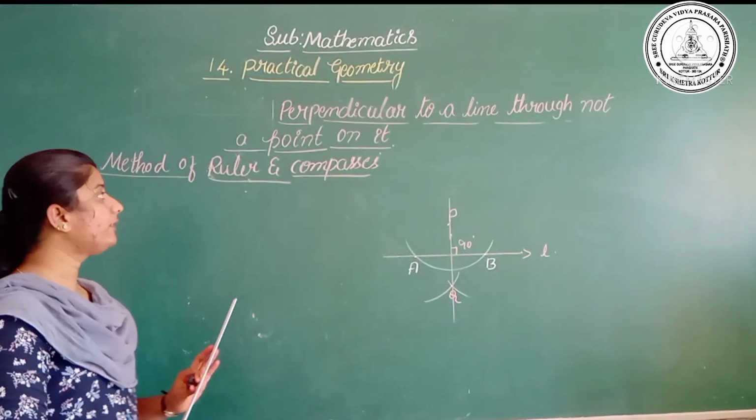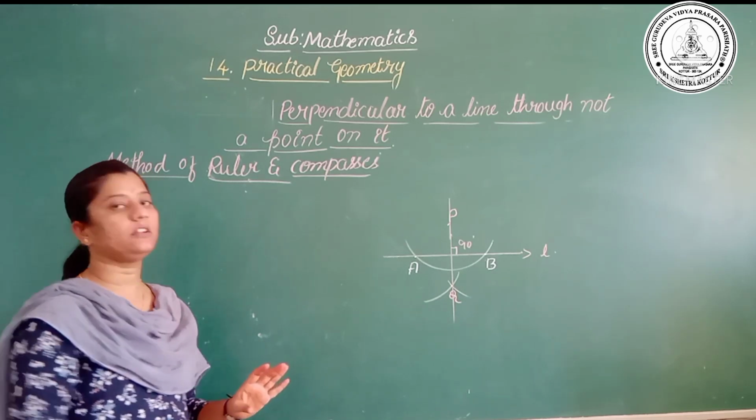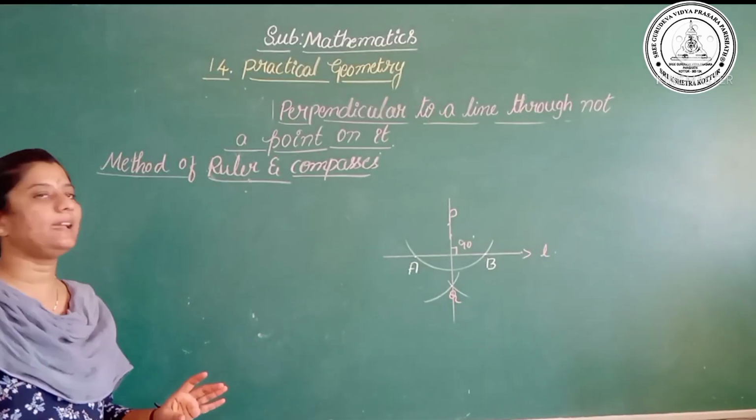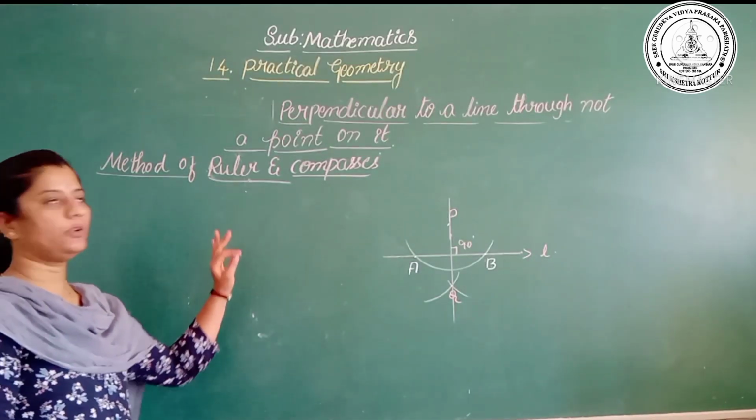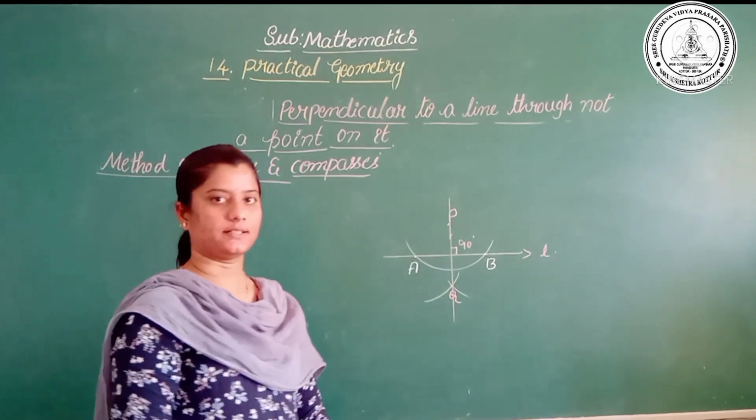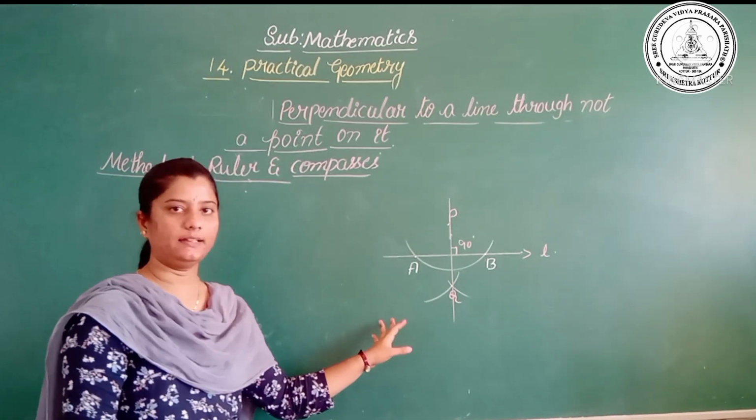So this is the method of constructing a perpendicular to a line through a point not on it using the ruler and compasses. I hope it's clear, right?